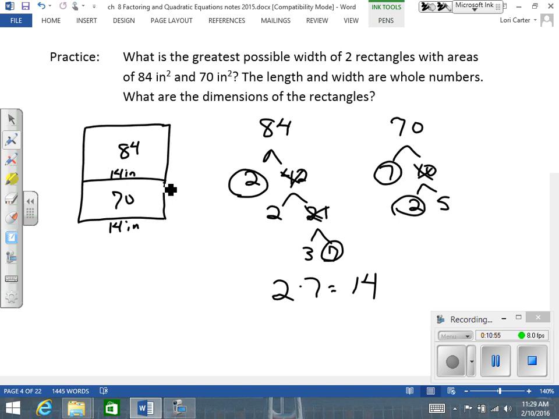For the 84, 7 and 2, what's left over? 2 and 3, so 6. Those are the widths. And the lengths.